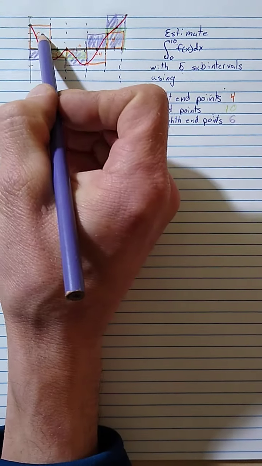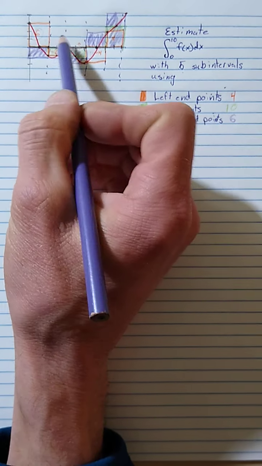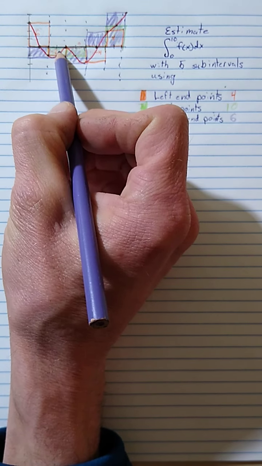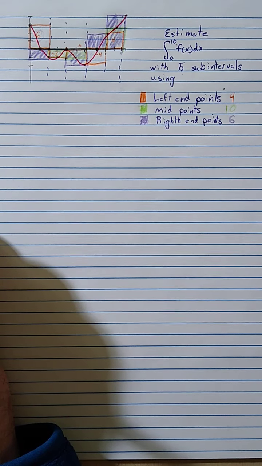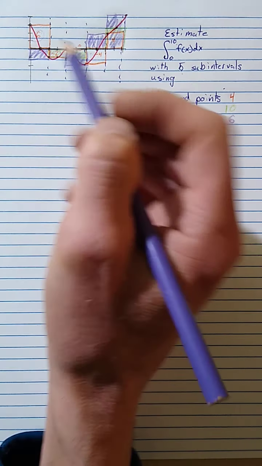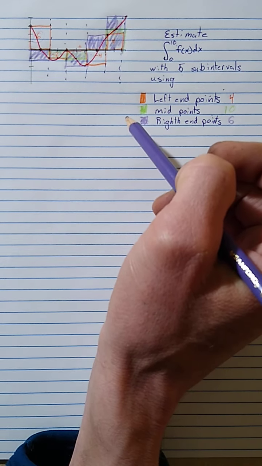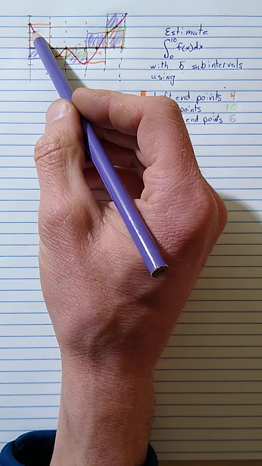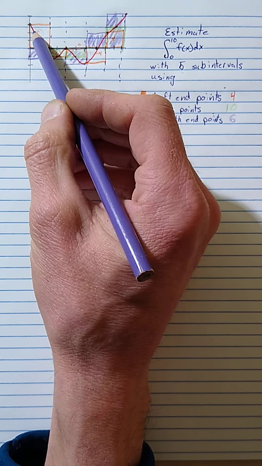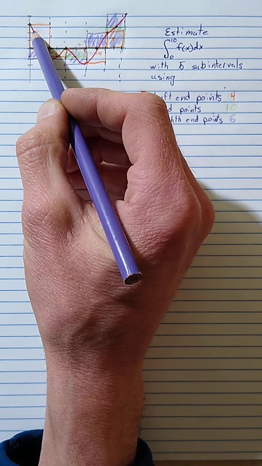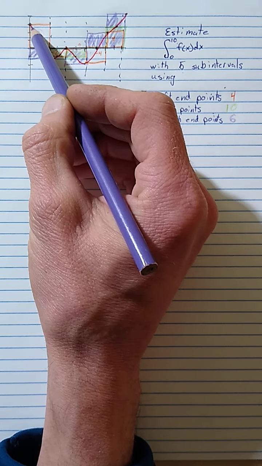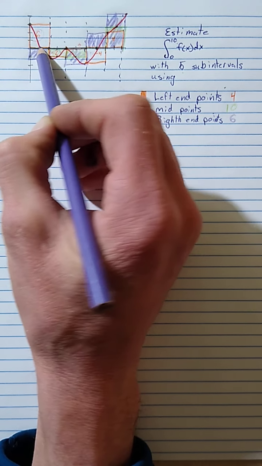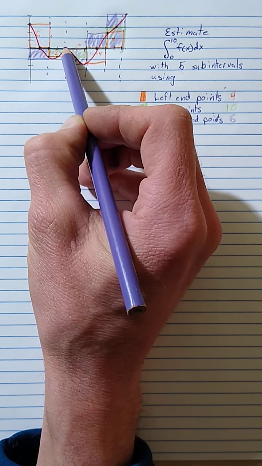Remember, if it's above the x-axis, it's got positive area. If it's below the x-axis, it gets negative area. The reason for that is because most of the time we don't actually care about area. If this was, say, describing the velocity of a car, then this is when it's going forward, and this would be when it's going backwards.